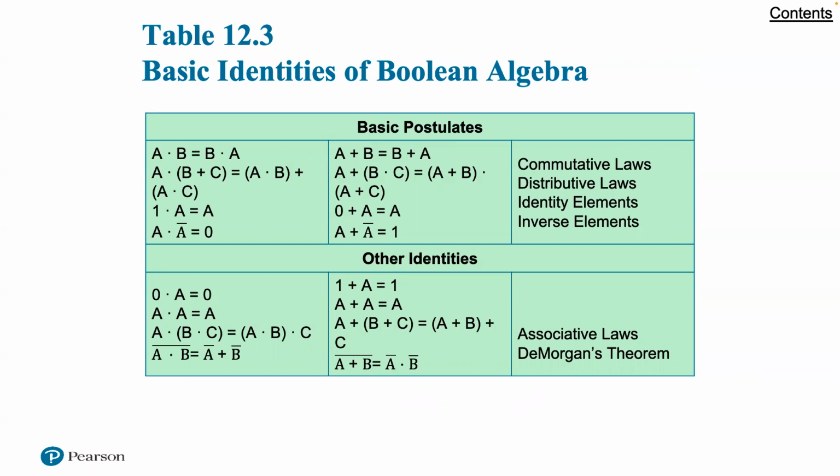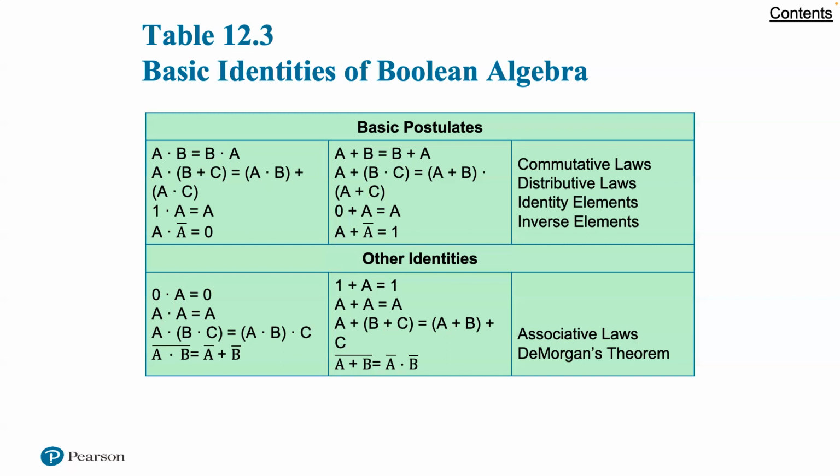One of the 2 distributive laws is worth noting because it differs from what we would find in ordinary algebra. So, A plus the quantity B times C is equal to the quantity A plus B times the quantity A plus C. The 2 bottom expressions are referred to as De Morgan's theorem.